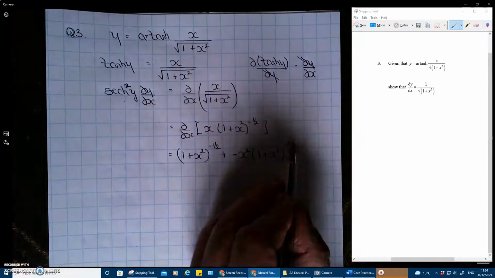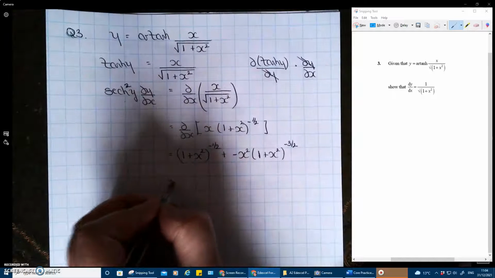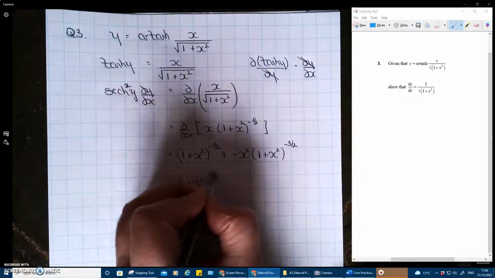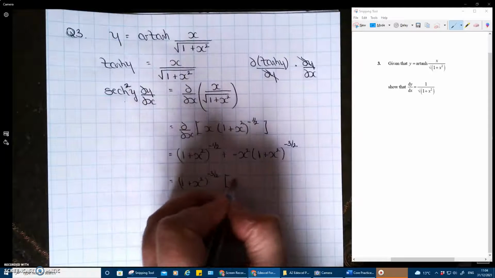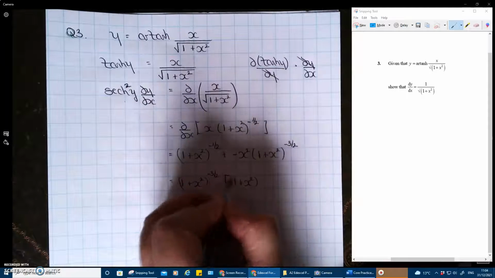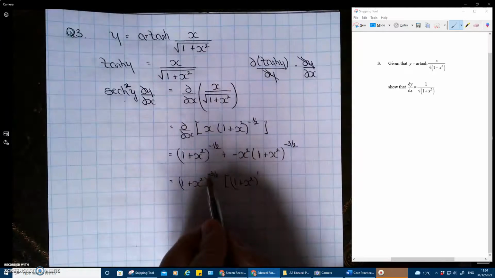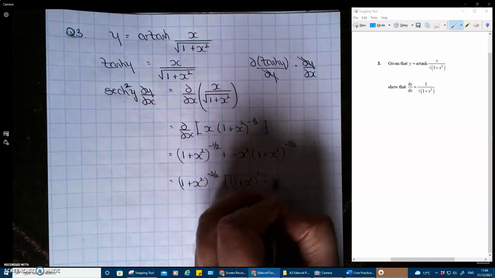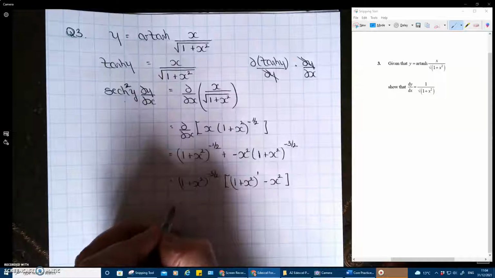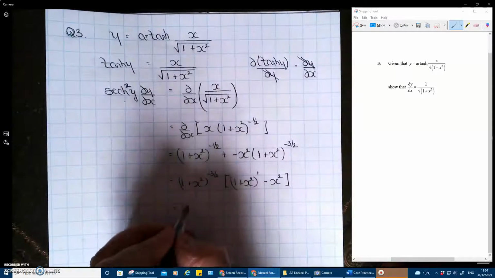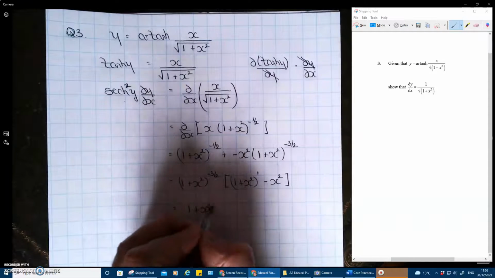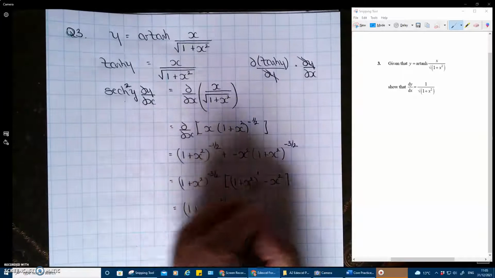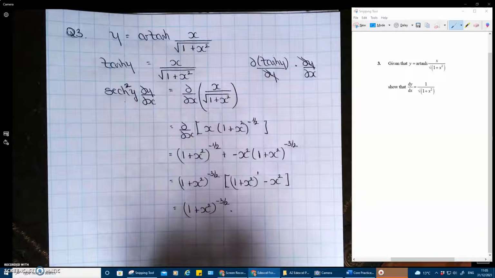This power minus half, that's power minus 3 over 2. So I'm going to take the minus 3 over 2 out, which will then make the other power positive. 1, take away 3 over 2 gives me the minus a half. So it gives me 1 plus x squared to the minus 3 over 2 times, well, just that.